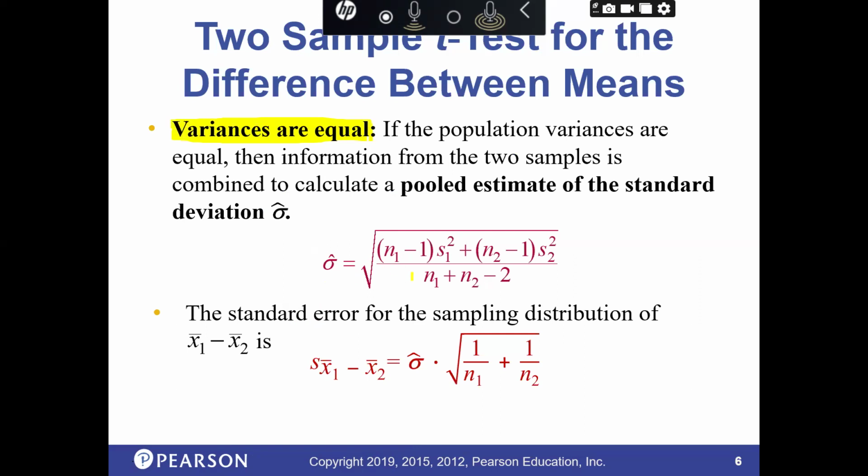It's almost like we're getting the average of the average. That's what we're trying to do. So this little guy, again. Oh yeah, the variance is equal, and then because of that, we're going to use that formula.